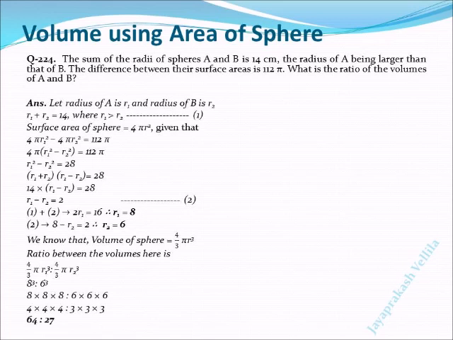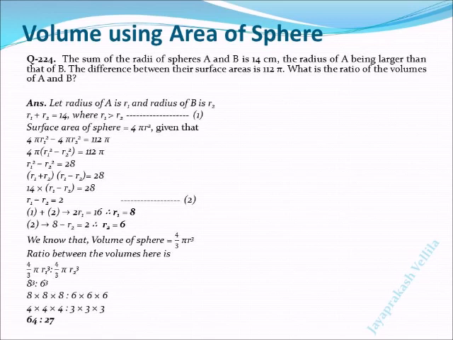Then, equation 1 plus equation 2 implies r1 plus r1, 2r1. r2 minus r2, 0. Then 14 plus 2 equal to 16.